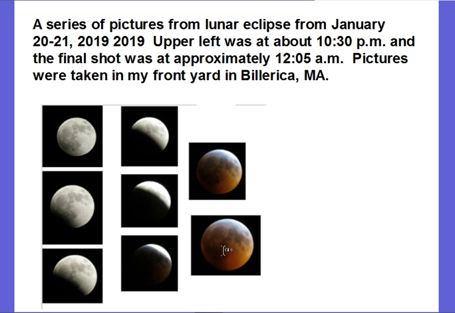And this is the final picture here at about 12:05, just basically at the time it became a total lunar eclipse. And then it stayed in the Earth's shadow for about an hour, and then the process reversed. It was a very cold night, and it was very late, so I did not continue going outside after that time.